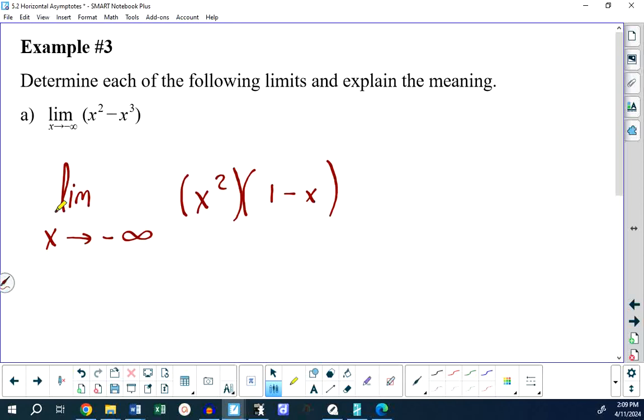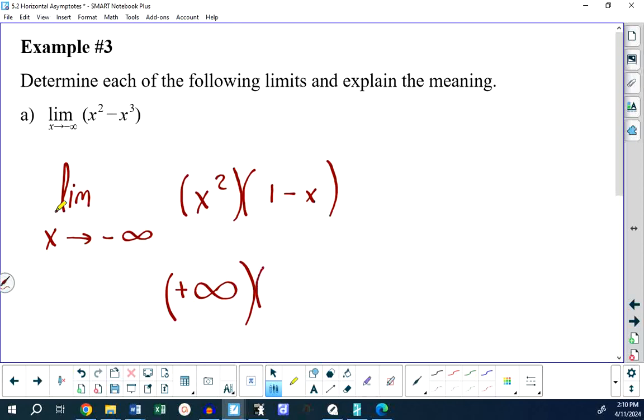As x approaches negative infinity, what will x squared approach? Positive infinity. Because x is getting infinitely large in the negative direction, but we're squaring that negative number. I want to say that again in case I misspoke. X is getting infinitely large in the negative direction, and when we square that negative number, we get a positive infinitely large number.